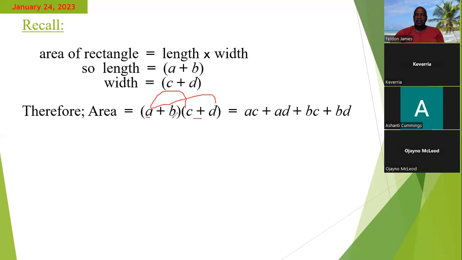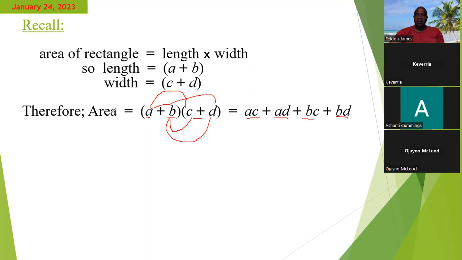Maintaining the plus sign here. So AC plus AD. Then now you use the B to do the next distribution. So B times C plus B times D. And so you get BC plus BD. And so this is a four-term expression.